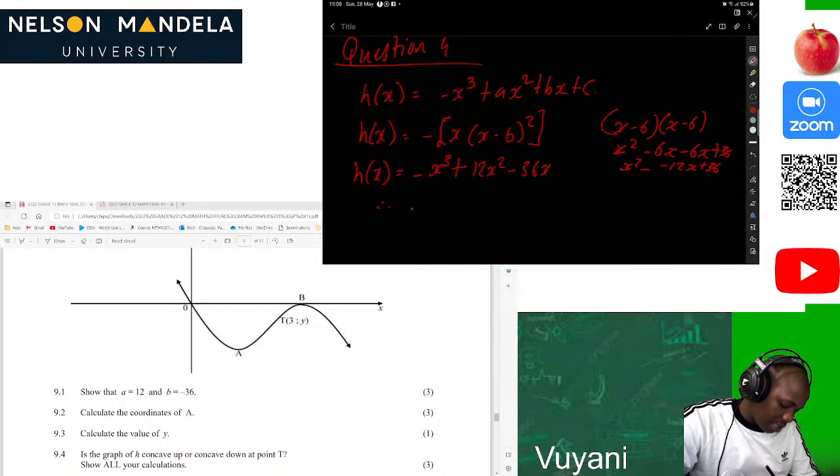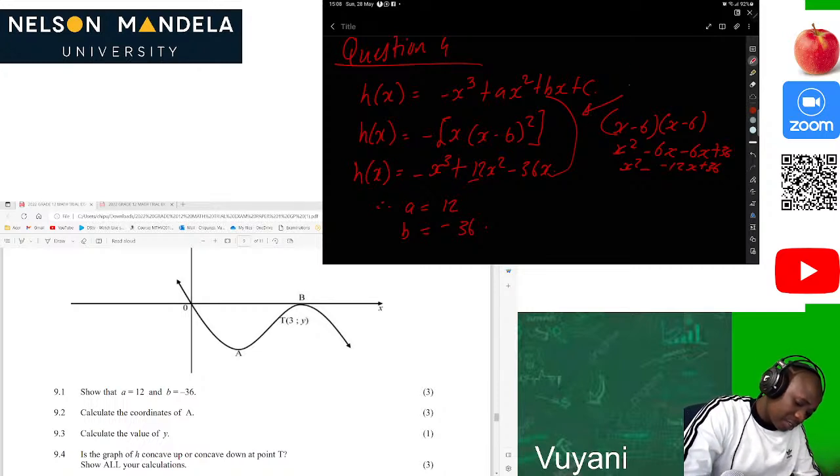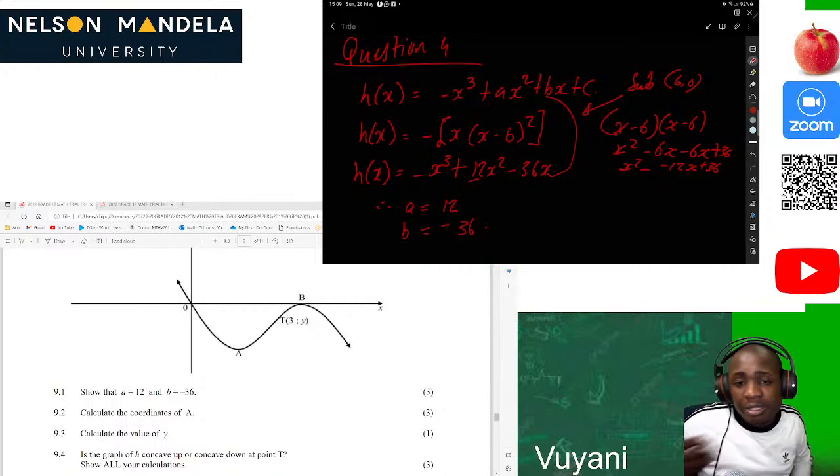So we can actually see that a is equal to 12 and b is equal to negative 36. This is easy, guys. We were only able to substitute 6 is to 0, which is the point we're given there.